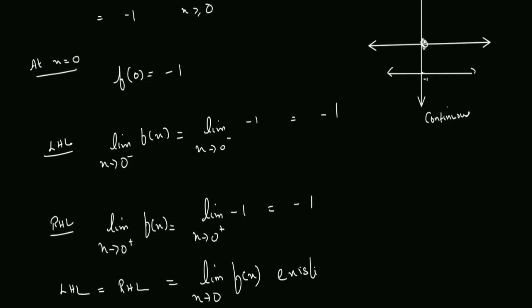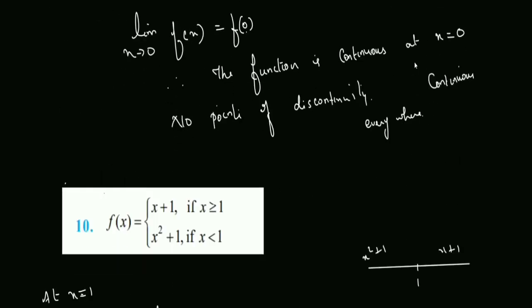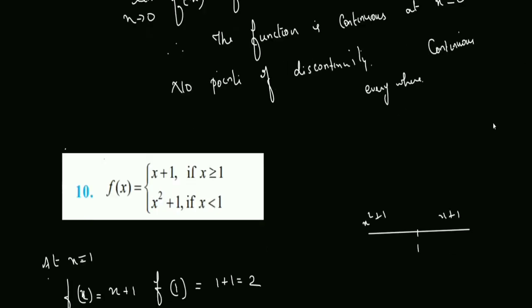So at 0 only we have to check whether the function is continuous. If it is continuous, the function is continuous everywhere. So the function is continuous at x equal to 0. There are no points of discontinuity. It's continuous everywhere.